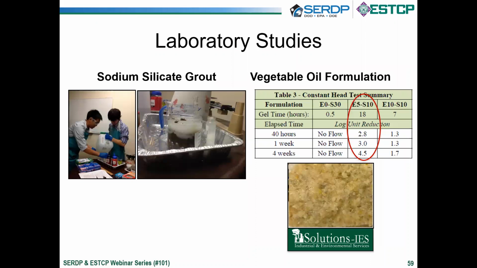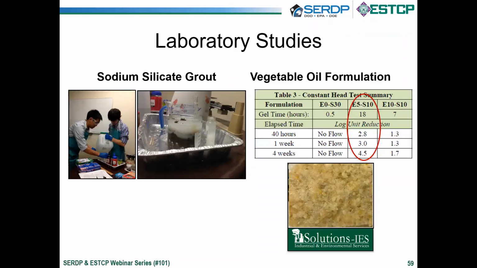Now, before getting to the field, we tested 2 different types of grouts. The first was a standard sodium silicate grout, and the second was a vegetable oil formulation created by Bob Borden's team at Solutions IES that has the potential to provide a slow-release electron donor, which could increase the degradation rates within the barrier. Now, these grouts have controllable gel times based on the mixing ratios of the sodium silicate and electrolyte.